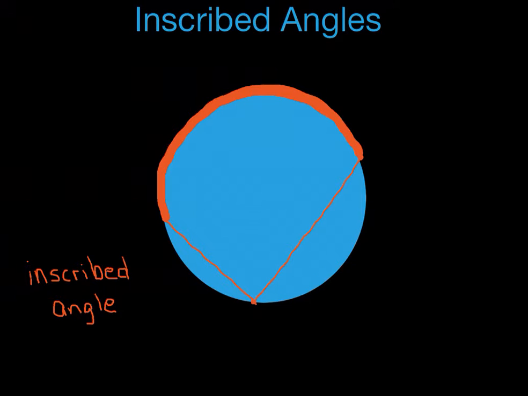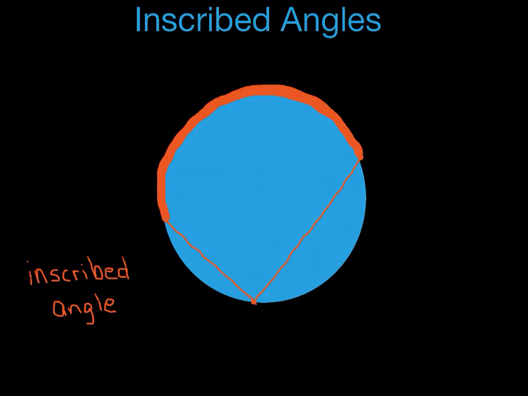So what we have here is I have drawn what we call the intercepted arc of the inscribed angle. It is the arc that is formed from the two endpoints of the segments. And notice they would be in the interior of the angle, not the exterior. Now, one of the things that we learn about inscribed angles is a theorem: the measure of the angle is equal to half of its intercepted arc.